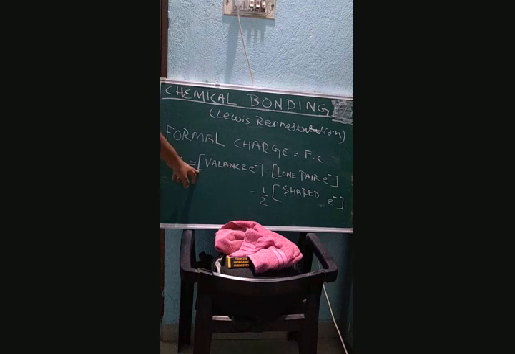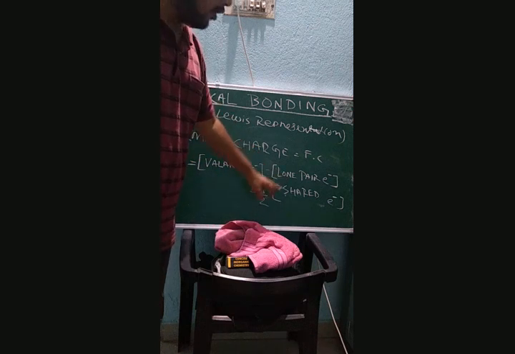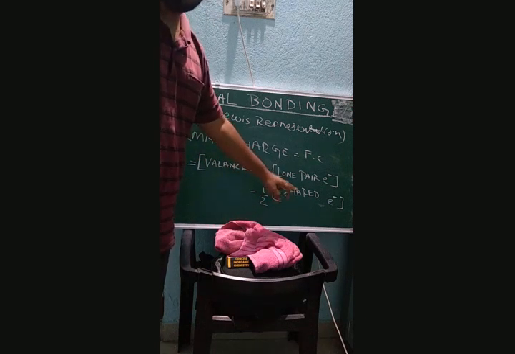Formal charge is the summation of valence electron minus lone pair electron minus 1 by 2 of shared pair electron.